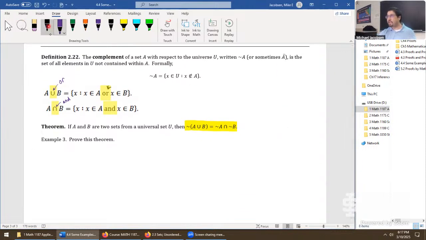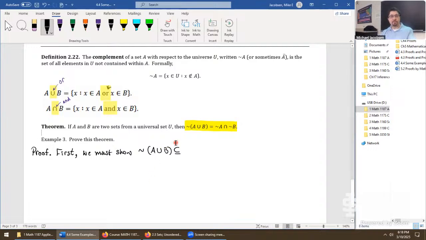So let's start by saying what we're doing, proof. And we'll begin by saying for the first part of the proof, we must show the complement of A union B is a subset or set equality.